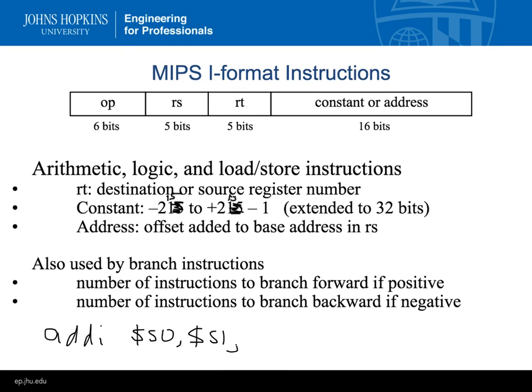As we just said, I gave this example earlier, but we're going to take this value, which would be put into this field, add it to S1, which would be put here, and put it in S0, which would be put here, and the opcode for add-I, if we look on our handy-dandy table, would be 8.